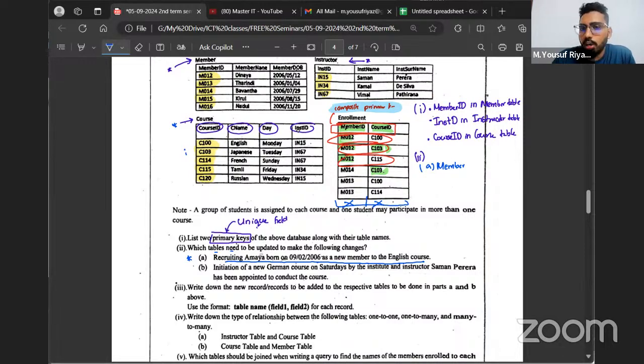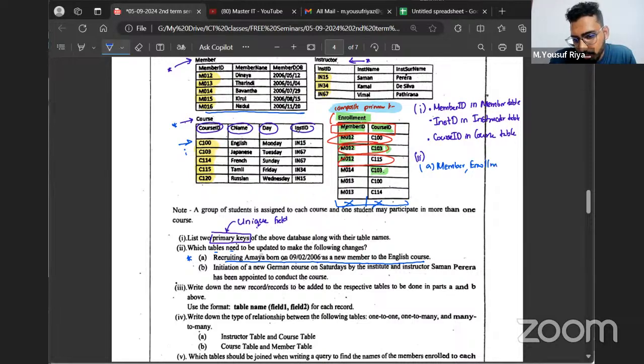Because using the remaining three tables, I can't tell what course Amaya is following. I will know there's a student called Amaya here. I will know there's a course called English here. But how do I know that Amaya is following English? Using the enrollment table. So here, apart from the member table, even the enrollment table has to get updated.